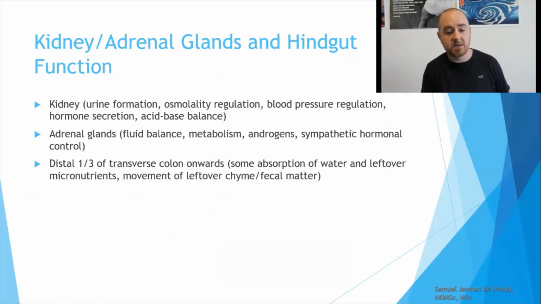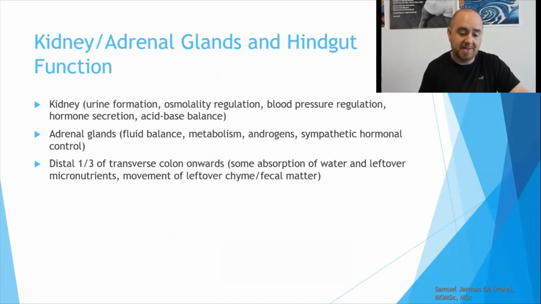As far as the kidney and the adrenal glands and the hindgut function is concerned, the kidney is urine formation, osmolality, so that is more or less the amount of things that are in the blood, often with respect to electrolytes and whatnot, but that's regulation of the concentration, blood pressure regulation, hormone secretion, and acid-base balance for the body writ large.